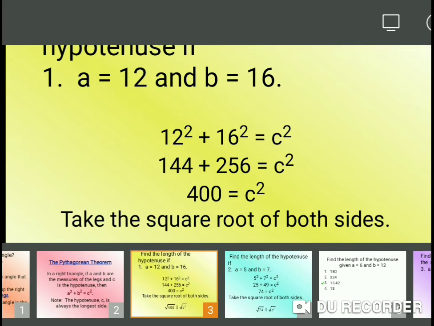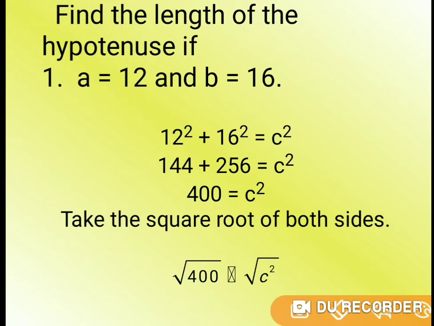So the square root of c square is the square root of c square, and the square root of 400 is 400. In order to find their square roots, we will write them within the square root sign.